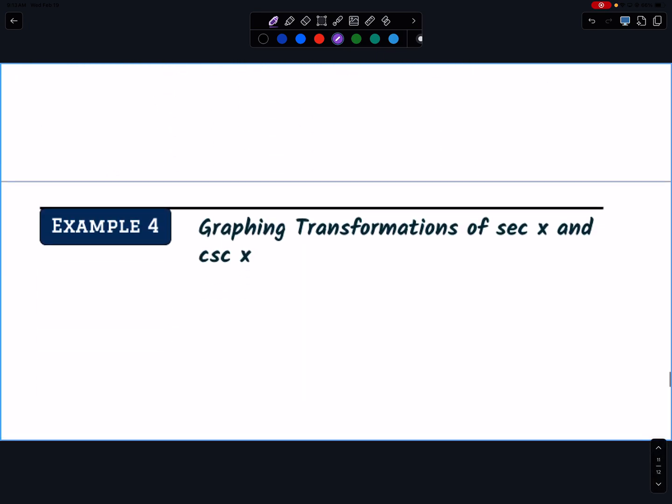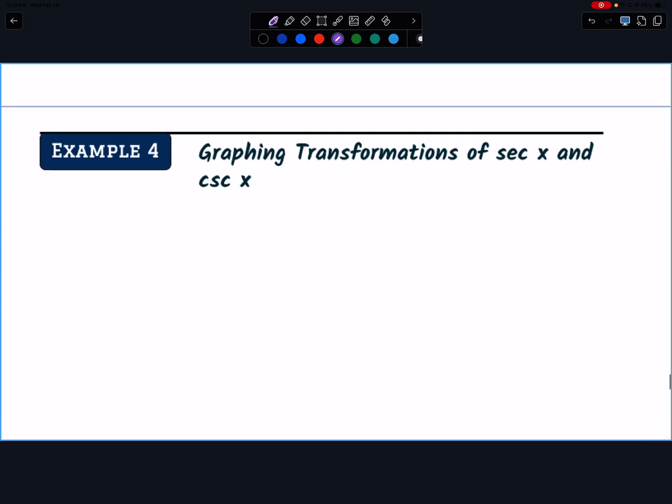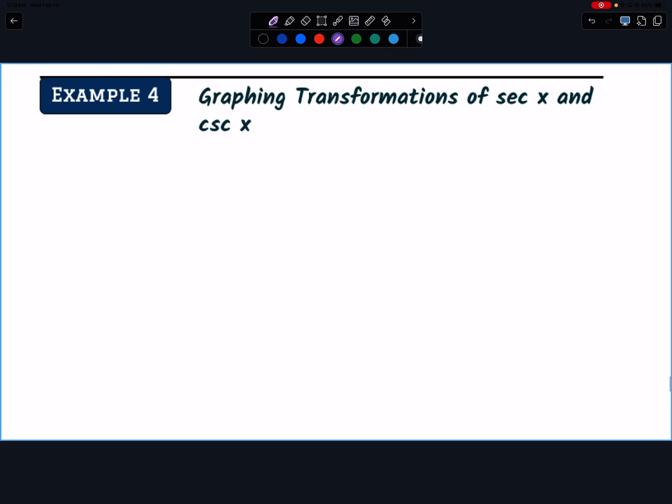Do you guys have... Wait, just kidding. Just kidding. All right. Let's do one graph of cosecant, and then we'll do one graph of secant, and then we'll be done.